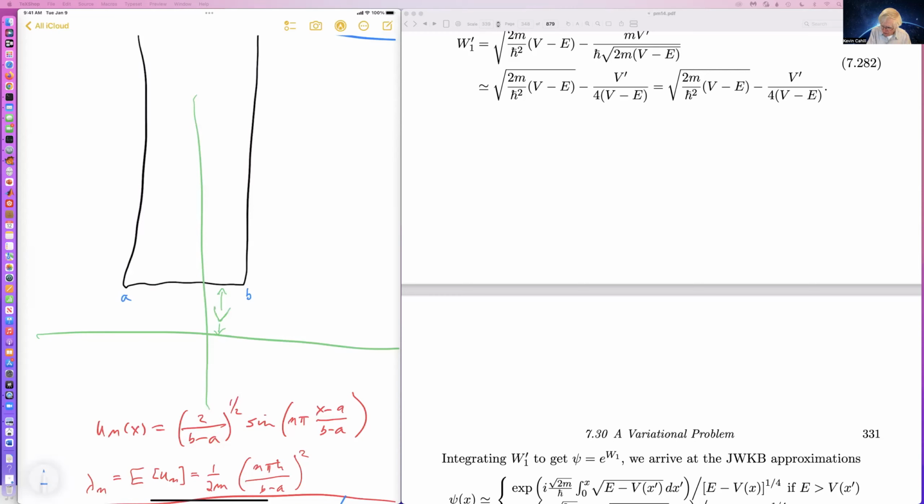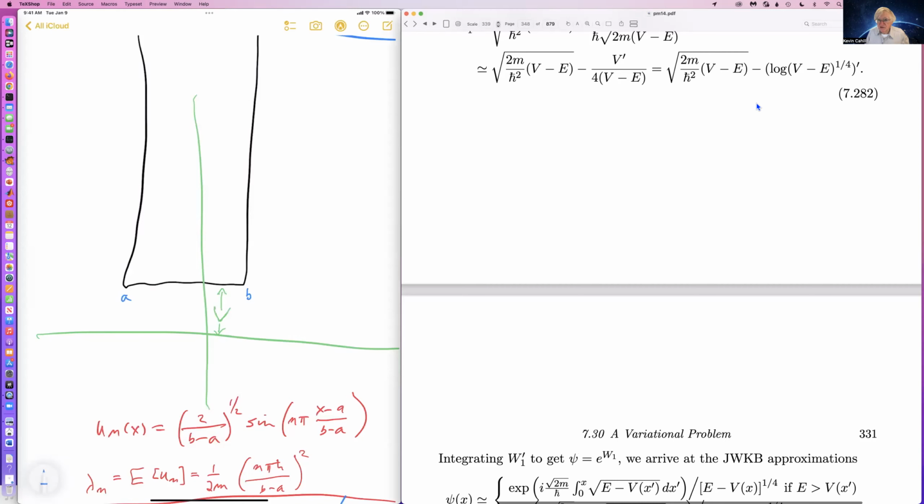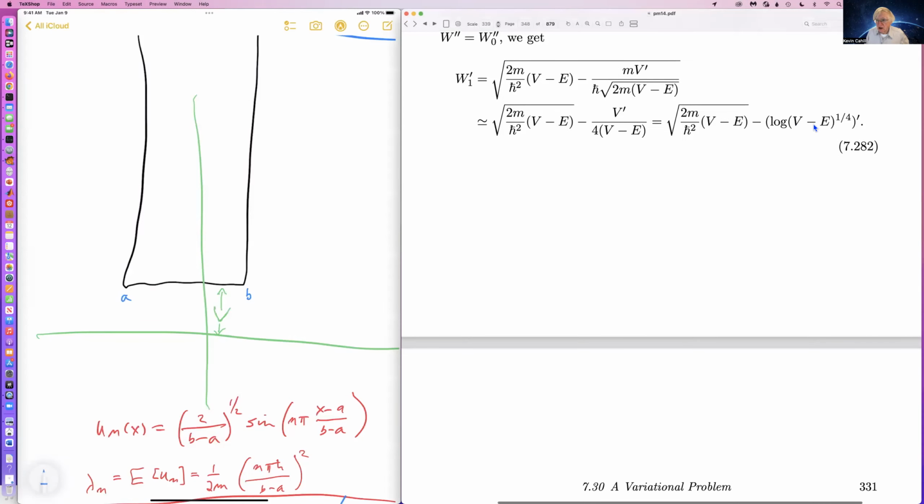So I'm going to stick that in, namely 1/4, like that. All right, let's see if this shows up correctly then. Right, it's the derivative of log of V minus E to the 1/4.